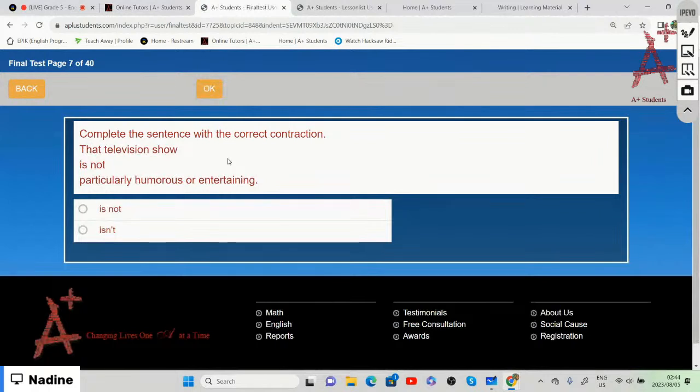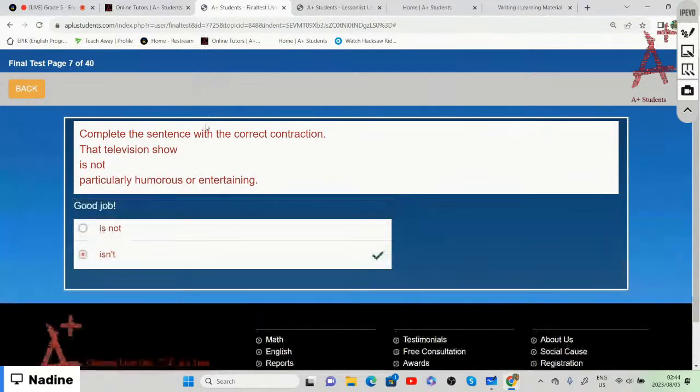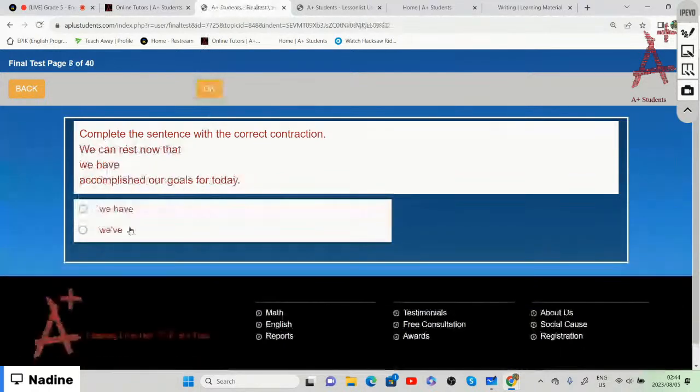That shortens those two words, which are is and not. All right, so if we shorten is not, then we say isn't, right? Good.